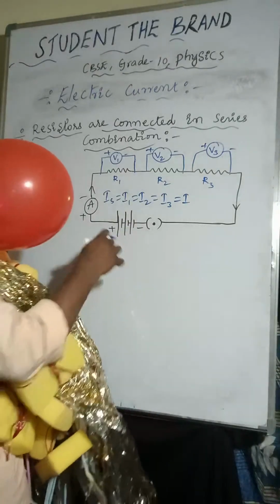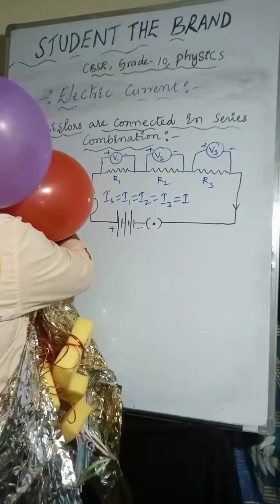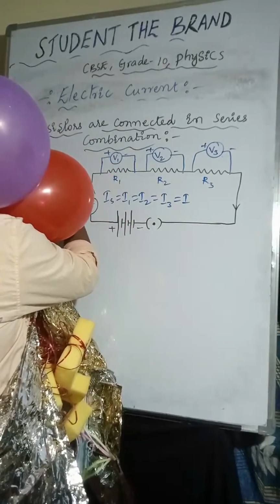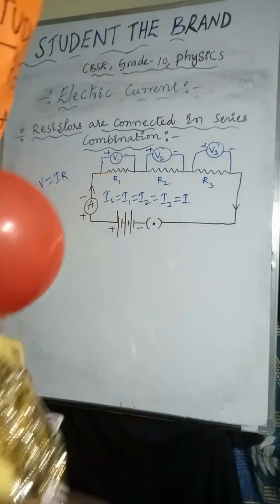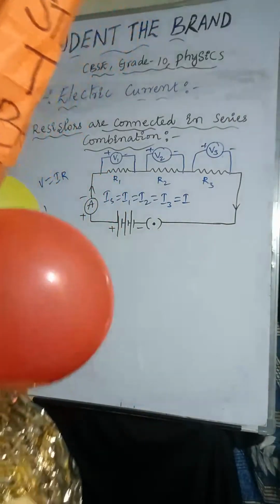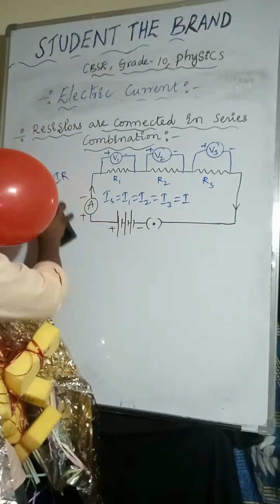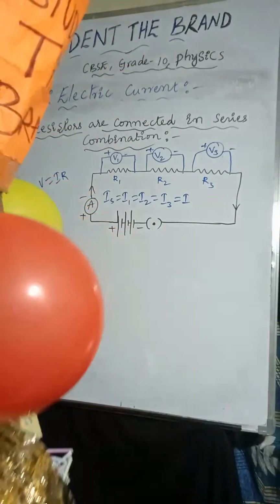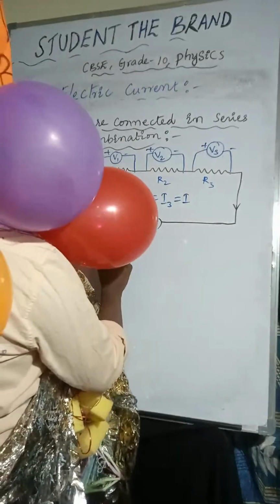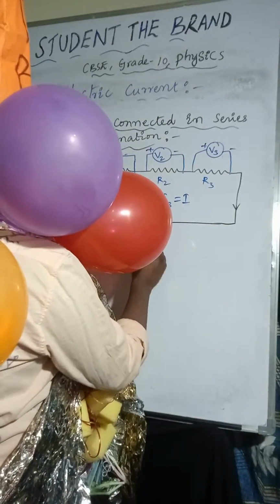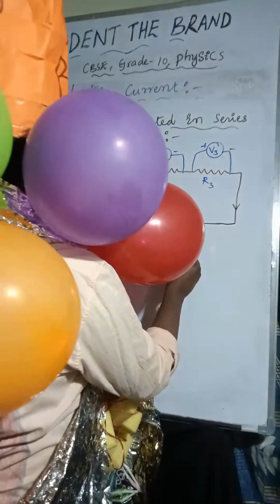Then from Ohm's law, V equal to IR. Now Vs equal to V1 plus V2 plus V3.